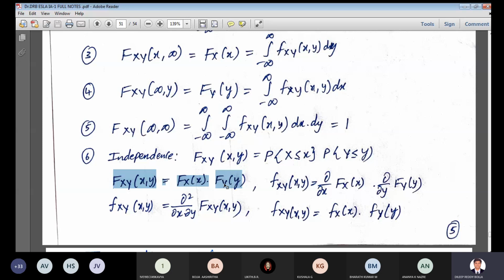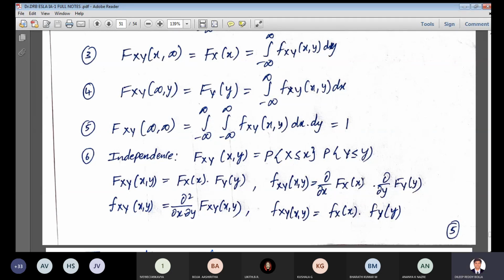In case of PDF, those values are the partial derivative of the CDF. We can find that this small f is the PDF. Same thing, del squared, we can write as del x into del y. So del x into fx of x and del y into fy of y.